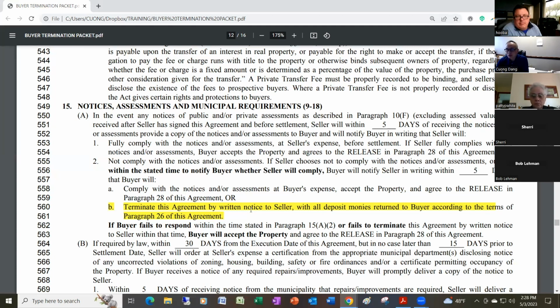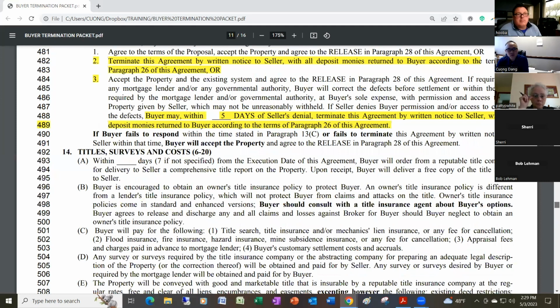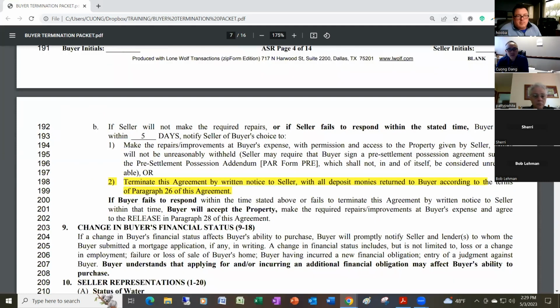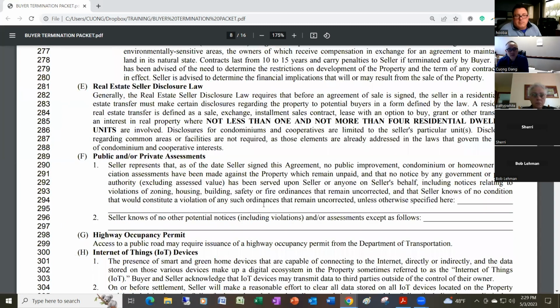Okay. Now, what the heck is paragraph 10F talking about, right? It's described as described in paragraph 10F. Let's go back up here to 10F real quick. Here we go. Public and or private assessments.